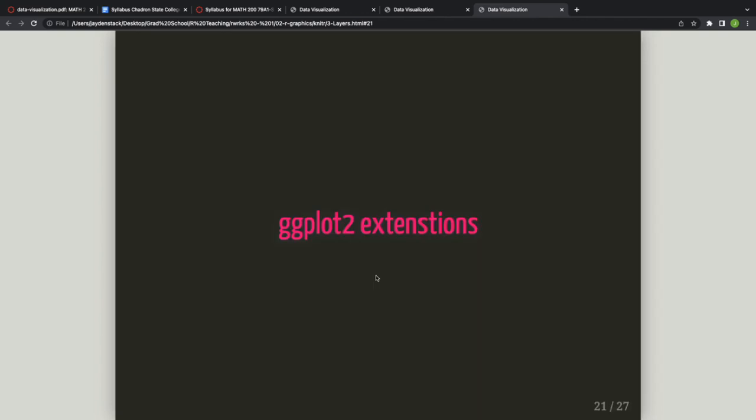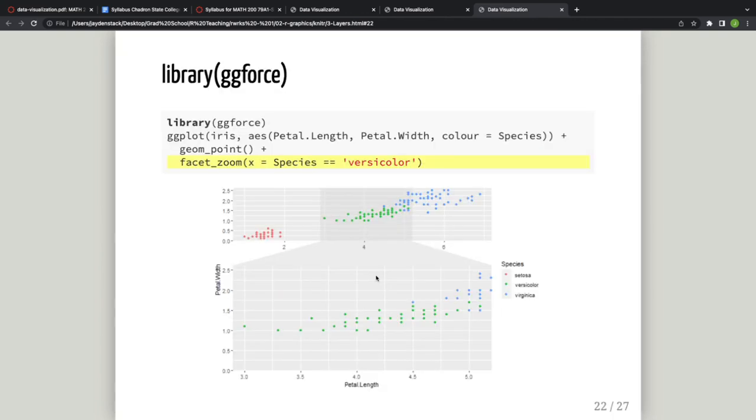plots. Okay, so some extensions we have ggforce, which is just a different variation of ggplot and how we can do some of these different graphics.